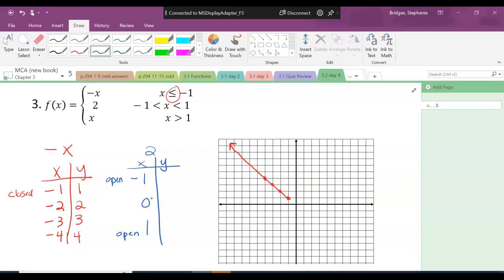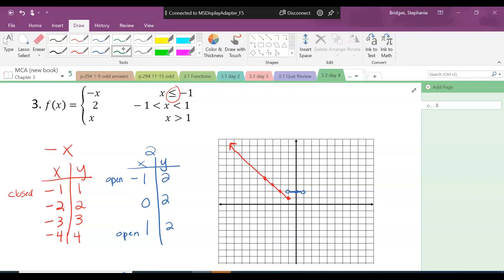So what would all of those y values be? 2. Okay. When I draw these, negative 1, 2, that's an open circle. 0, 2 is here. 1, 2 is another open circle. Do I go past those points or just in between? Just in between. Okay, that one that has numbers on either side with an x in the middle, those are your starting and stopping points, and you include everything in between.